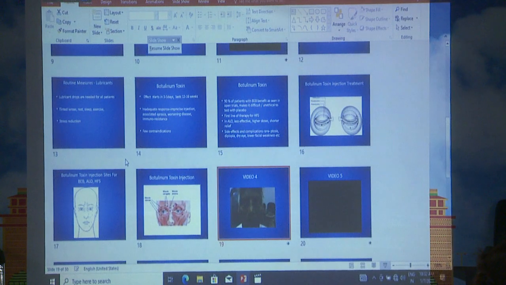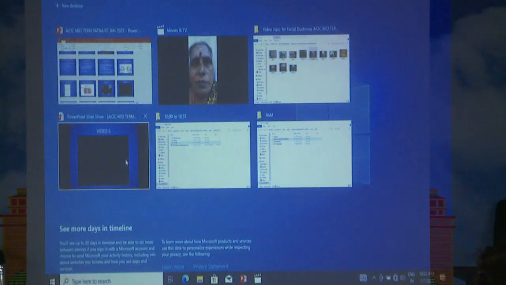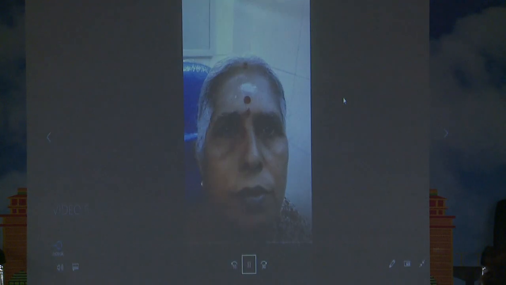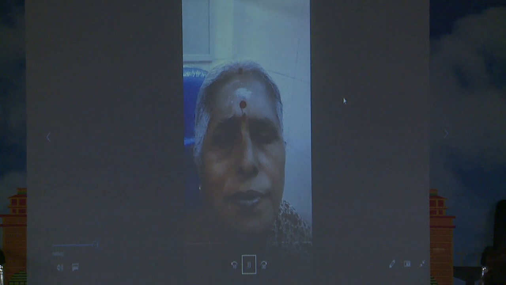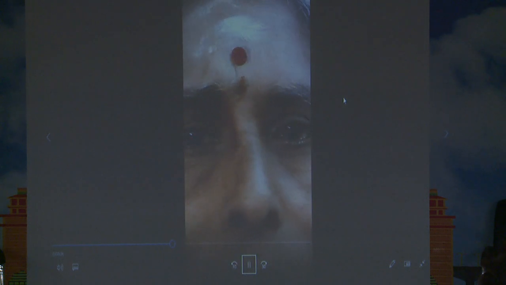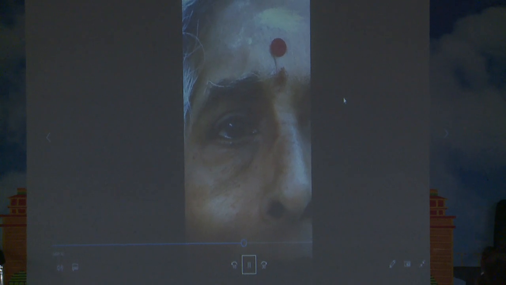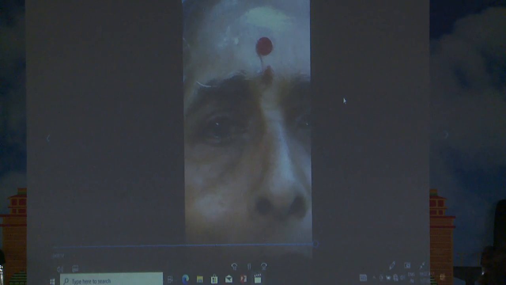Video 6. And this is following the injection. I'm trying to stimulate her facial nerve and cause her to have hemifacial spasm, it doesn't happen. So this is the kind of response that these patients get. So we must take care of these patients. Next.